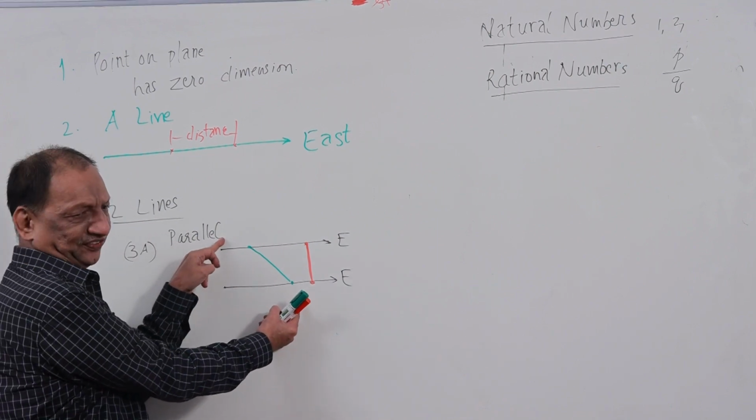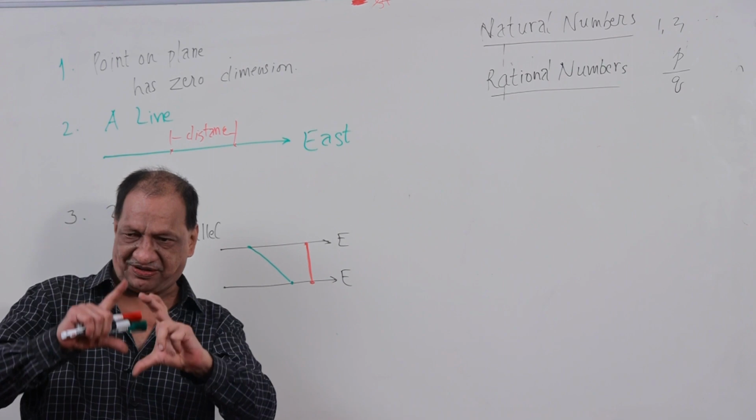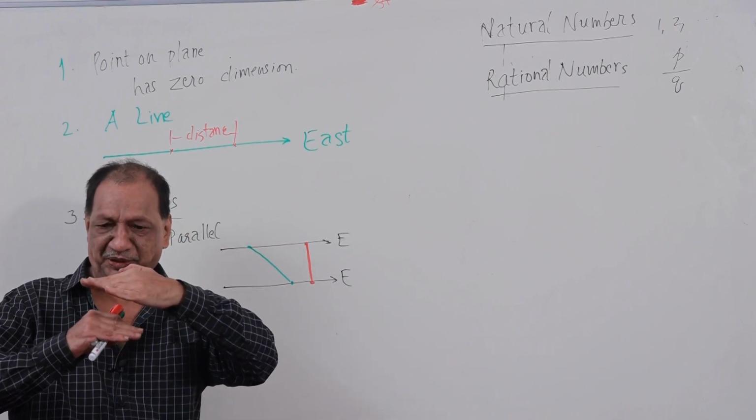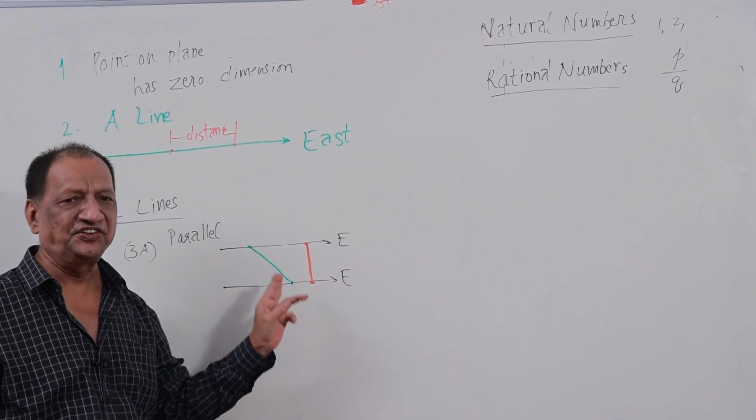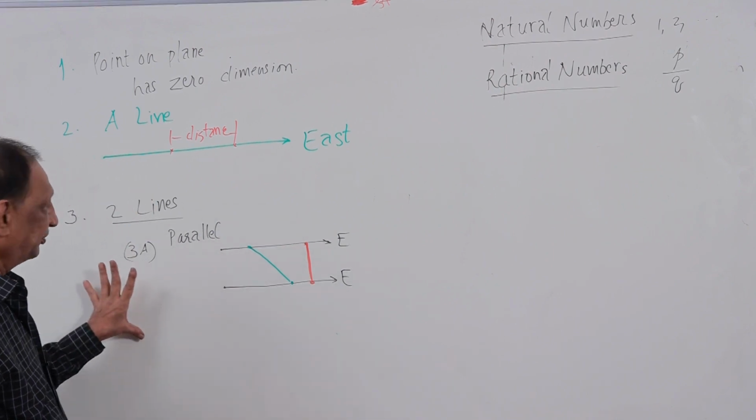I can have a bigger distance, but then I'm going to have one minimum distance, no? Straight computation. So that minimum distance is known as the distance between 2 parallel lines. Okay. So that is a question of parallel.